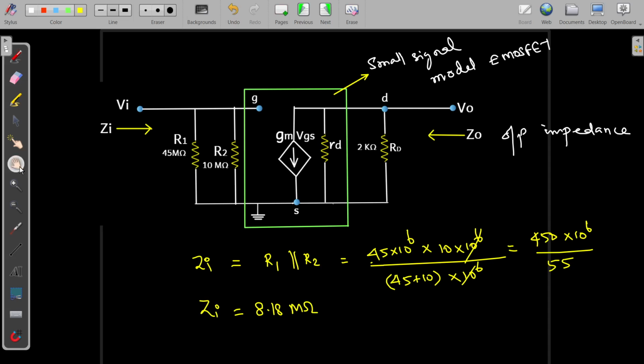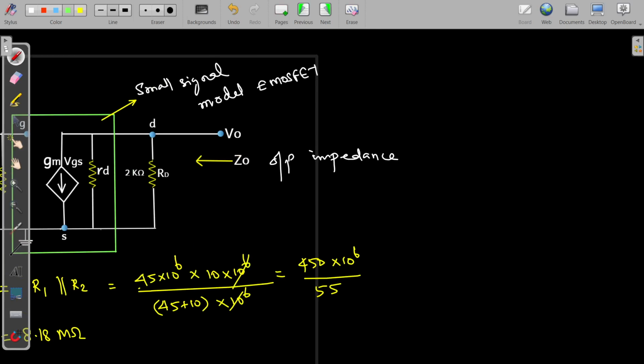Then we are going to calculate Zo. Zo is actually the parallel combination of small rd and the capital RD. The small rd value is not given. Sometimes it would be given using GOS or HOS. If HOS or GOS are mentioned, then we can calculate rd as 1 by GOS, or if HOS is given, as 1 by HOS.